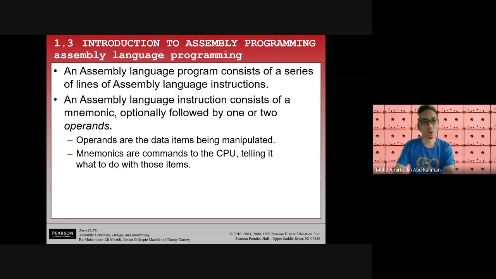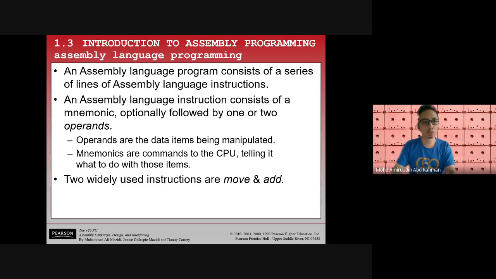The operands are the data items that are manipulated, and the mnemonics are commands to the CPU telling it what to do with those items. So an instruction uses a mnemonic and operands. Operands are the data that is manipulated.